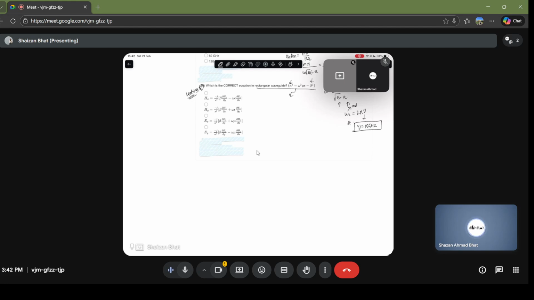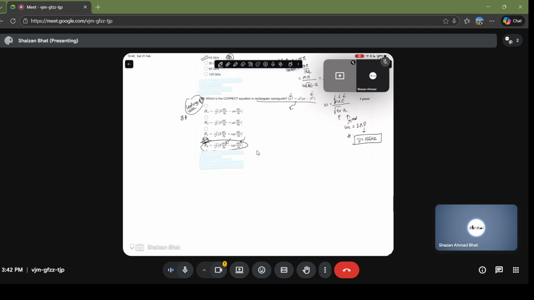The exact answer of this question is this part, which shows you the EY component in a rectangular waveguide as a function of minus j, as a function of EZ and HX. This is exactly covered in the lecture, so I'm not going to go through this question. You need to derive it, and you can see the derivation in the lectures itself.